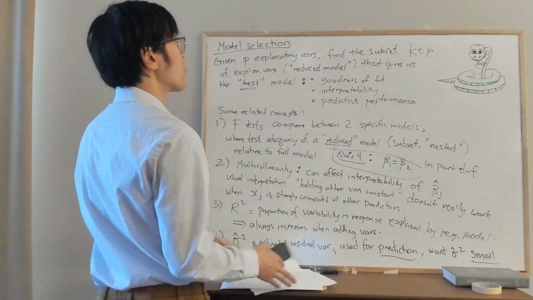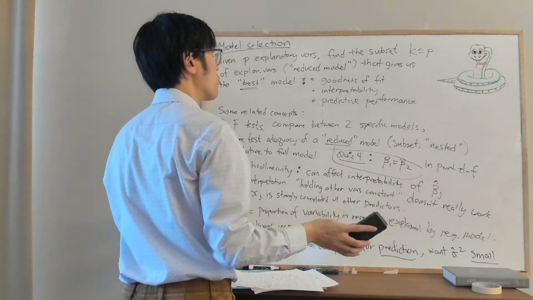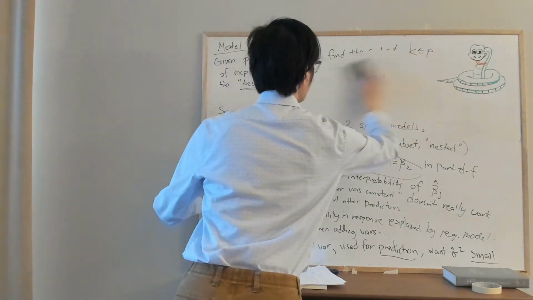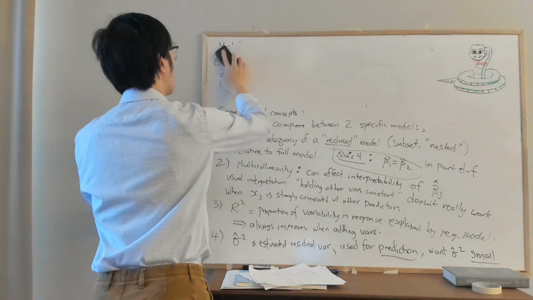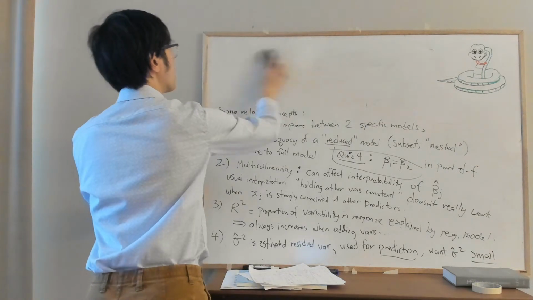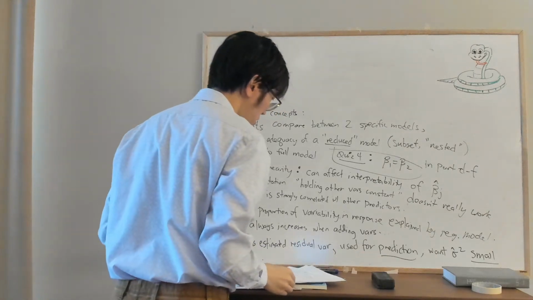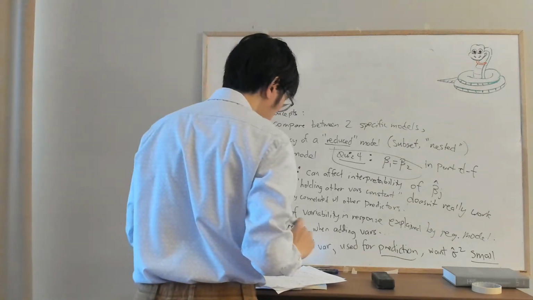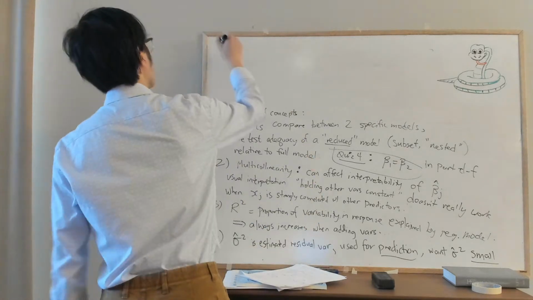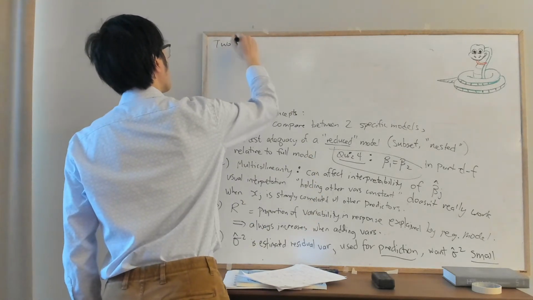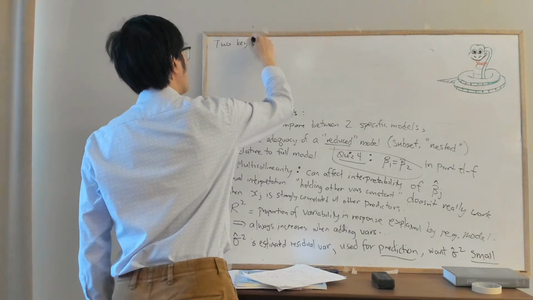By way of giving you a roadmap of how we're going to tackle this problem, there are two main ingredients to model selection, two key ingredients.